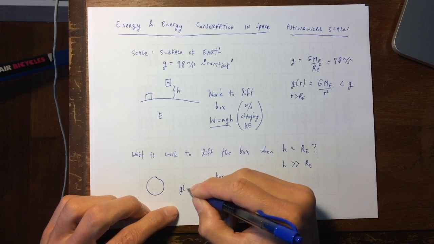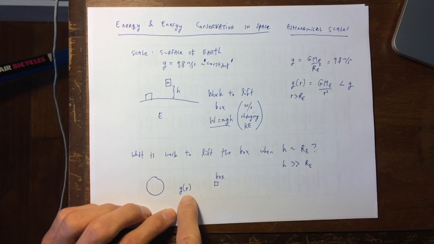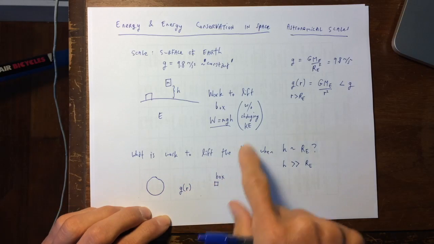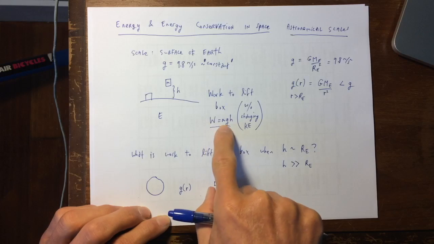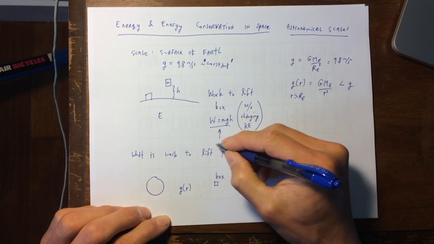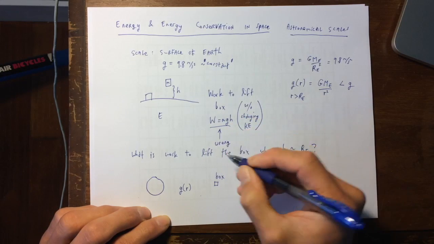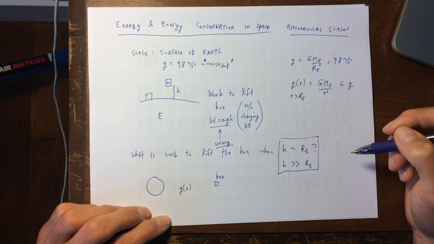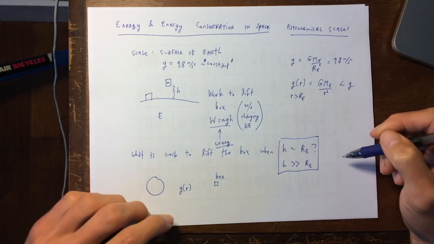But if the acceleration due to gravity is getting less and less as you take the box out, we don't get to use this formula. This formula is wrong when we're considering distances that are really, really large.